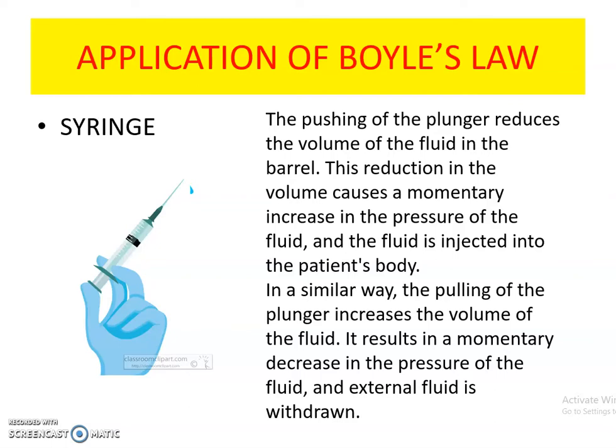And in a similar way, when you are pulling the syringe plunger back, the volume increases, and this pulls the liquid from the injection bottle or the patient. So we can see how Boyle's law is acting in everyday life.